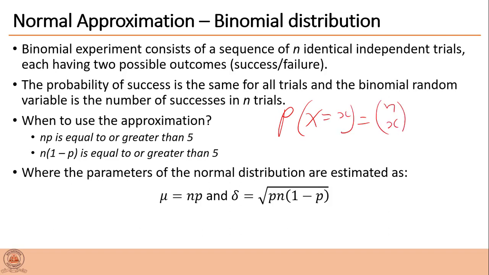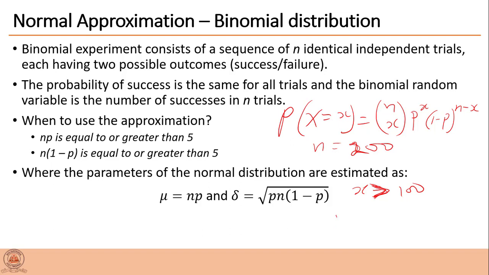So n choose x, p to the power x, 1 minus p to the power n minus x. So you can imagine having n to be 200, and you are looking at, let's just say, x greater than 100. So from 100 to 200.